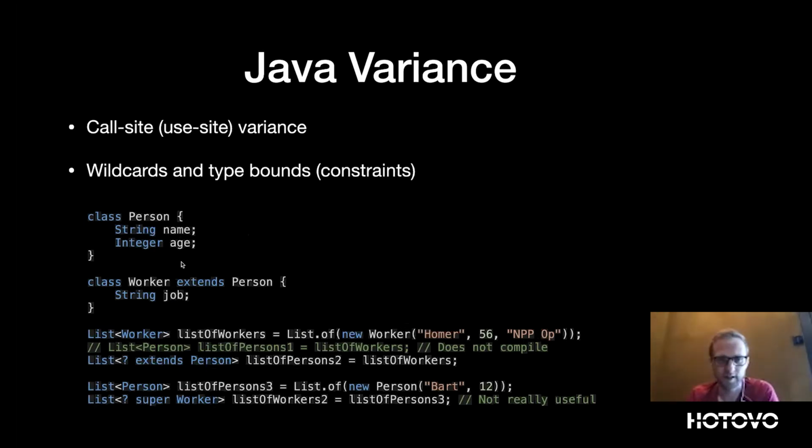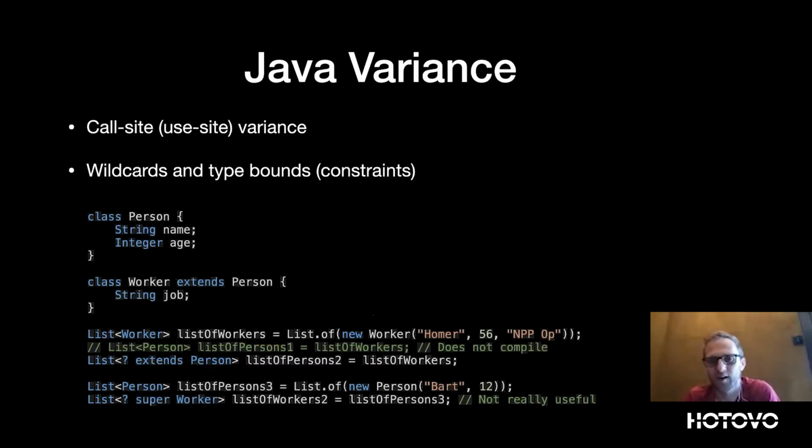So in this example here, we have a person class and we have a worker class, which extends person. Based on the picture I had before, now we'll create a list of workers. Here we have a list of workers, and we may have a list of persons.